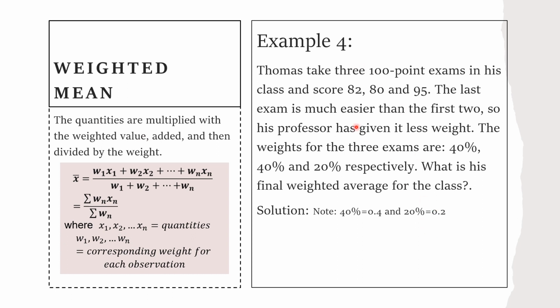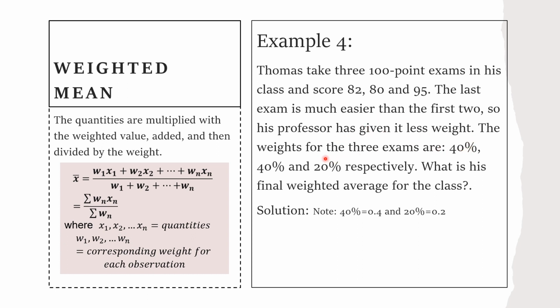Example 4. Thomas takes 3 100-point exams in his class and scores 82, 80, 95. The last exam is much easier than the first two, so his professor has given it less weight.